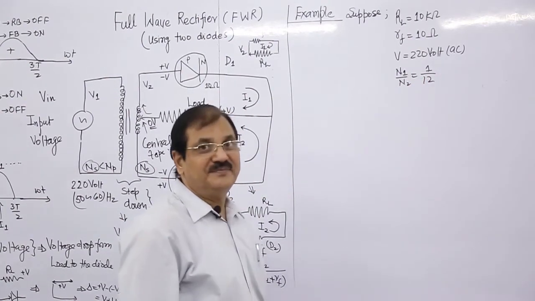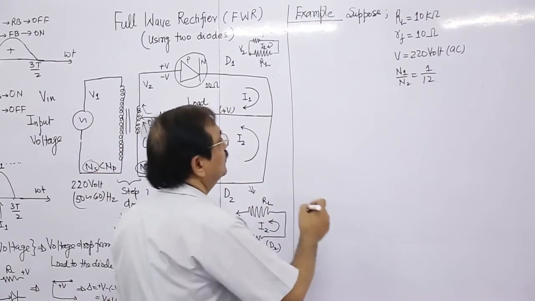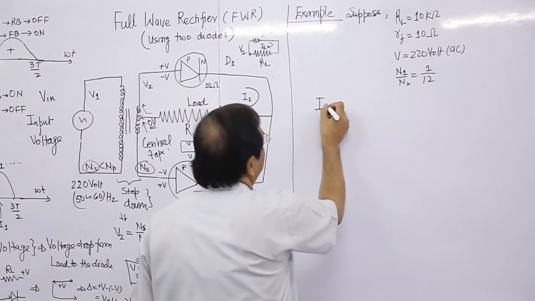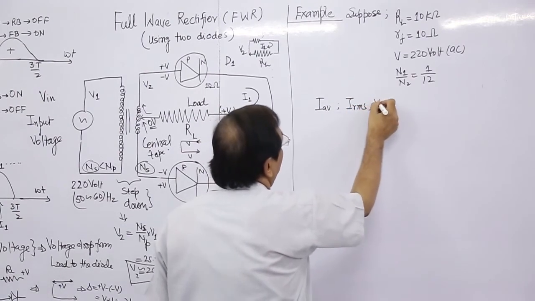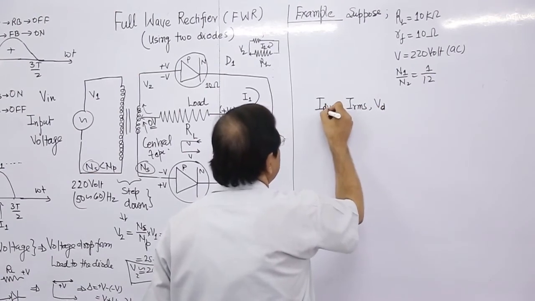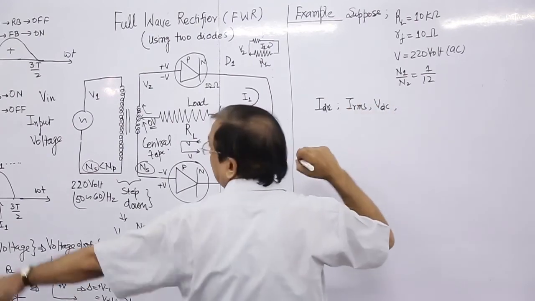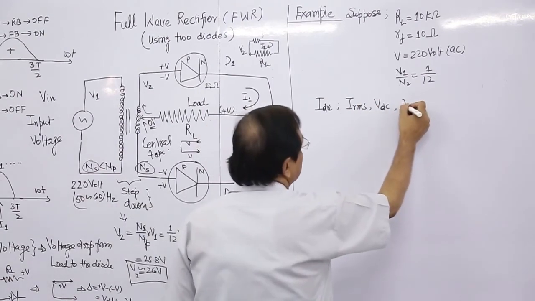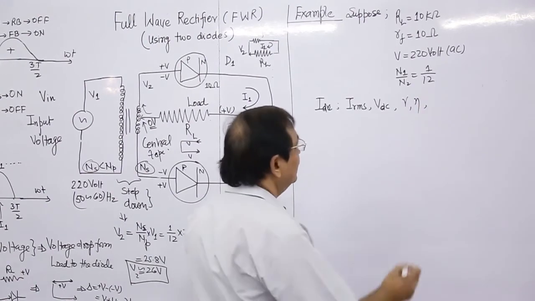If this data is available, what will be I average, I RMS, V average, that is V DC, and the other factors like ripple and efficiency, that can be calculated.